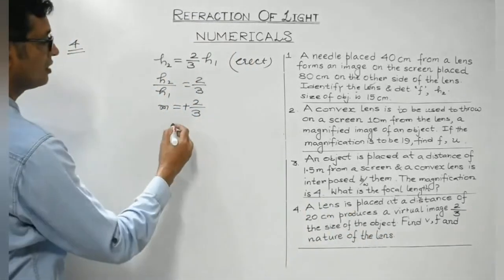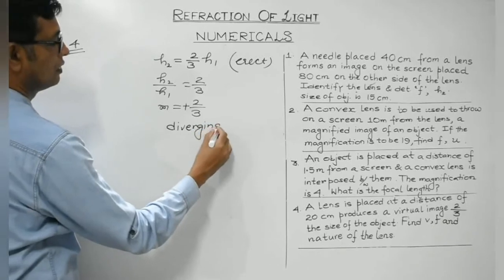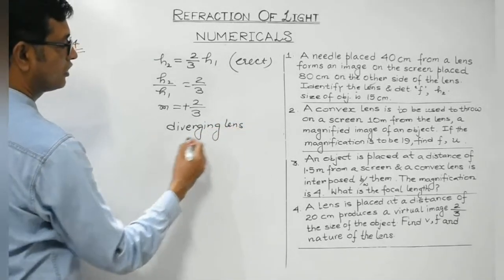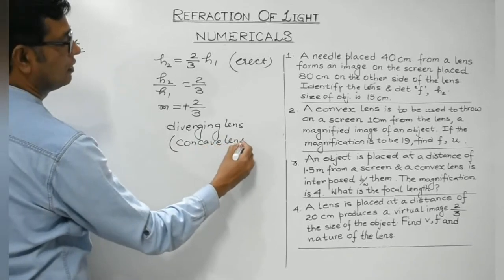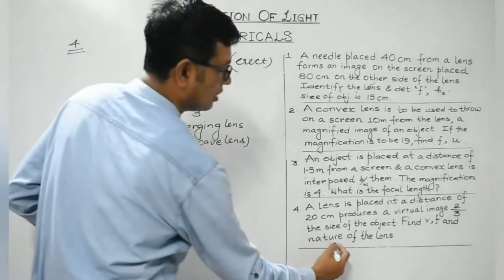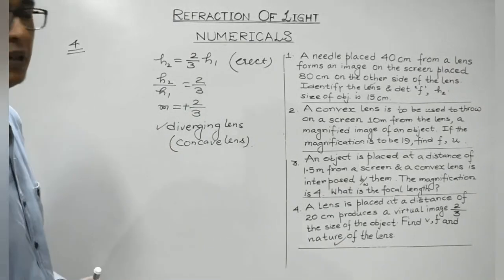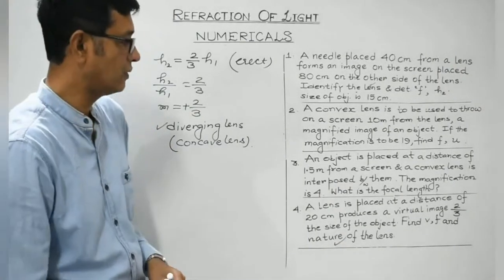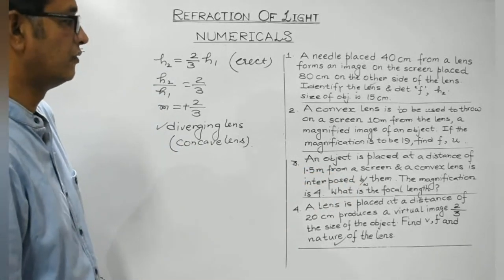Nature of the lens is diverging. Diverging lens means we are talking about a concave lens. Right? So this is over. I mean, the nature of the lens can be easily predicted by your theoretical knowledge. Right? Let's find the image distance and the focal length.